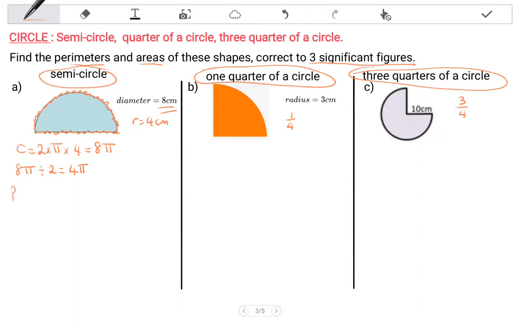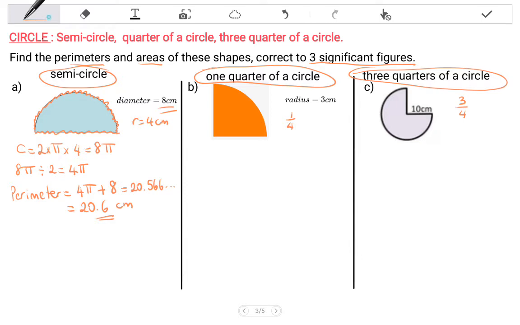Then the perimeter can be calculated by using 4 pi, then adding 8 to that value, and when you write this on your calculator, you have a long decimal answer, and do the approximation correct to 3 significant figures, and 20.6 centimeters is the value of the perimeter of this semicircle.